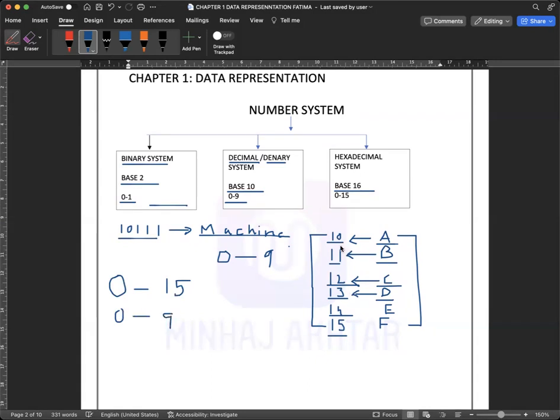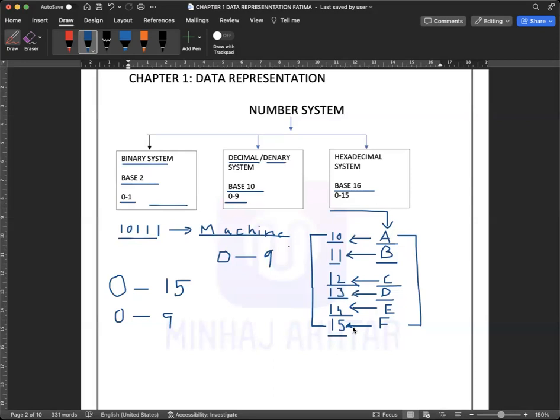But the numbers from 10 till 15 are represented by alphabets. So 10 is represented by A, 11 is B, 12 is C, 13 is D, 14 is E, and finally 15 is F. So this is a unique thing about the hexadecimal system. Is that okay or not okay? It's okay. Did you get it or not?